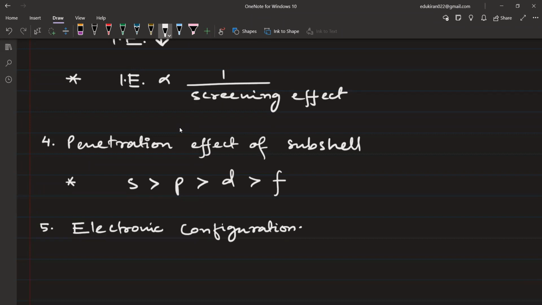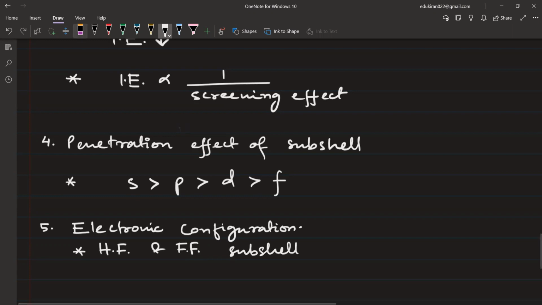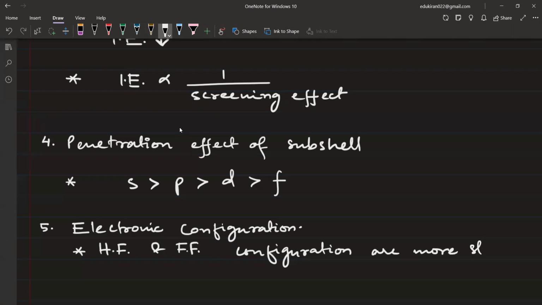In electronic configuration, we know that half filled and fully filled configurations are more stable.